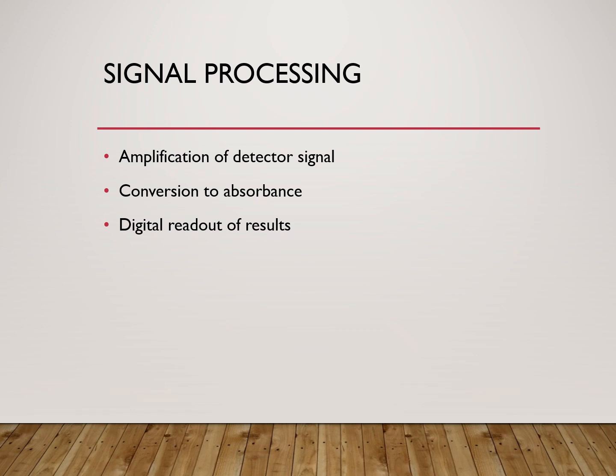Now we will discuss the signal processing. The electrical signal from the detector is amplified, processed, and converted into absorbance values. These values are then displayed digitally or recorded by a computer system.